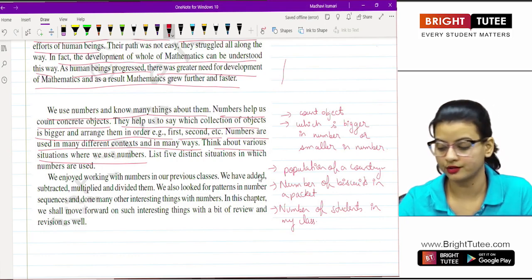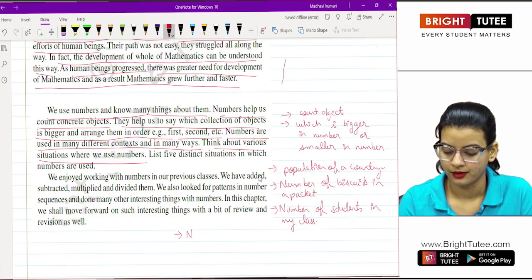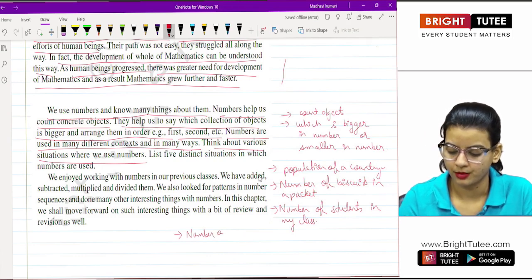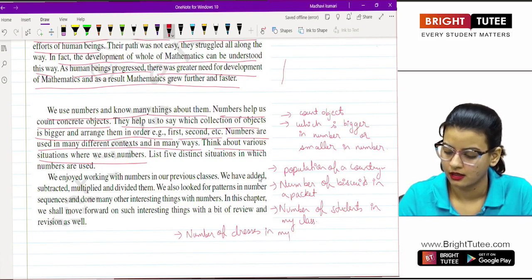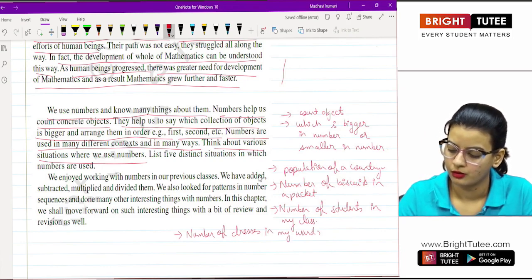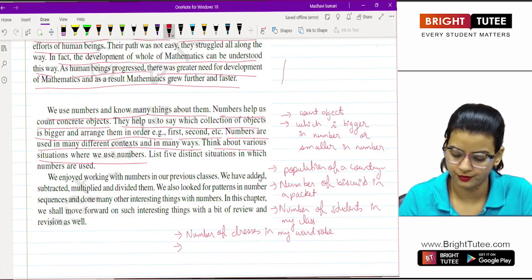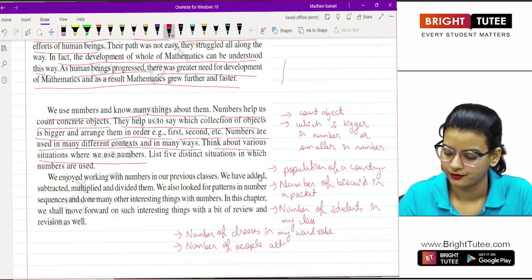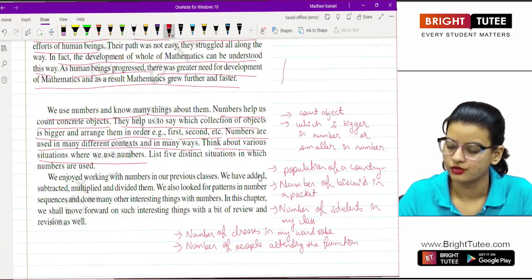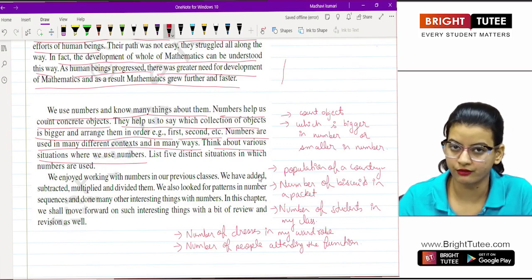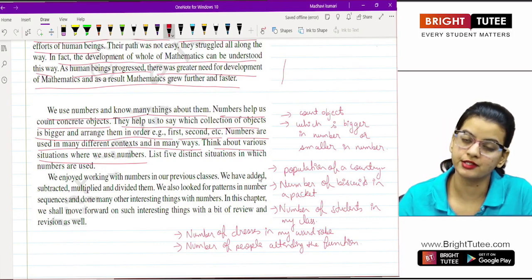Or I can say the number of dresses in my wardrobe, or the number of people attending a function. In all these situations, we use numbers to express the quantity.